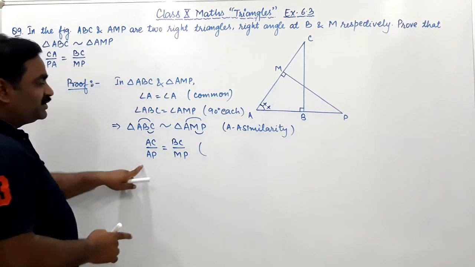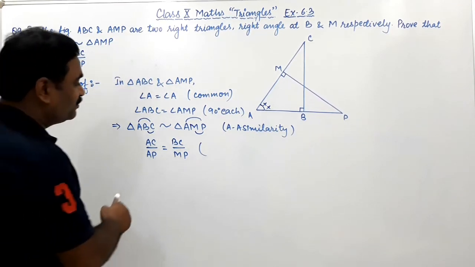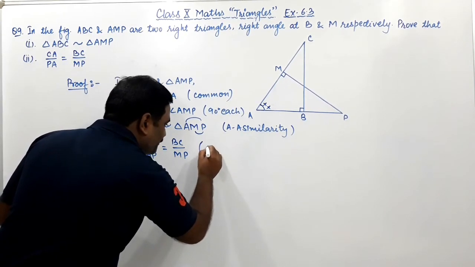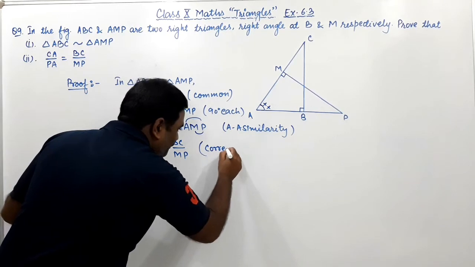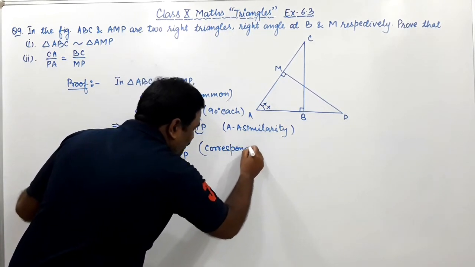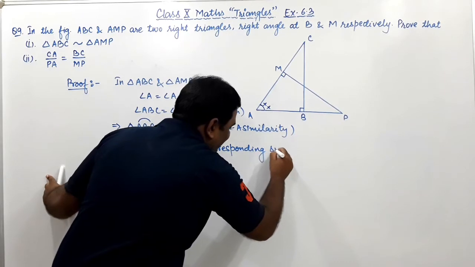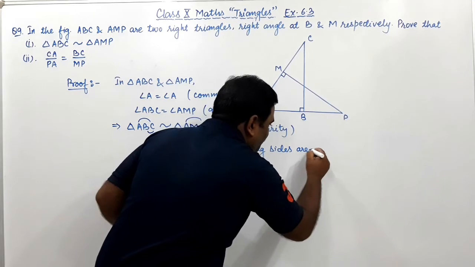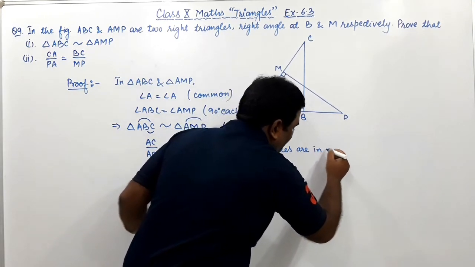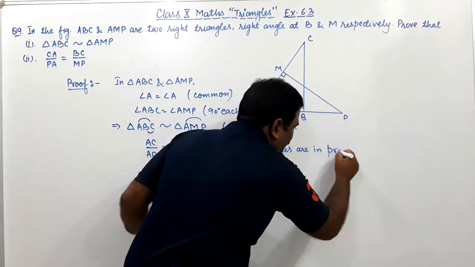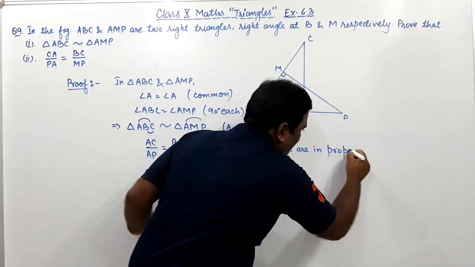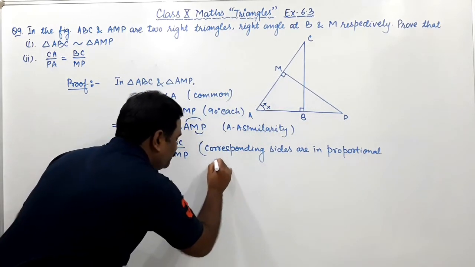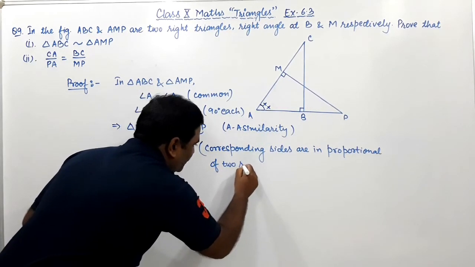Now we have to write down the reason for this also. Why? Because these are corresponding sides of similar triangles, they are in the same ratio, they are proportional. Corresponding sides of two similar triangles are proportional.